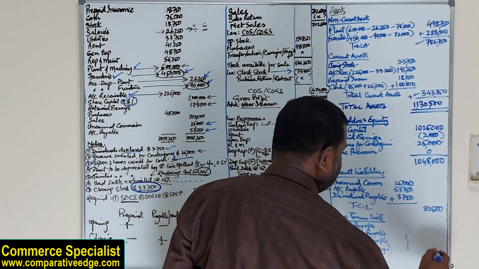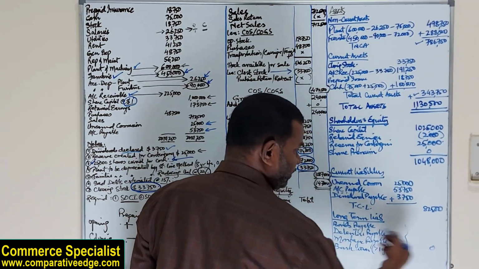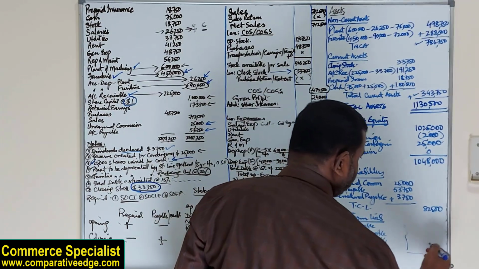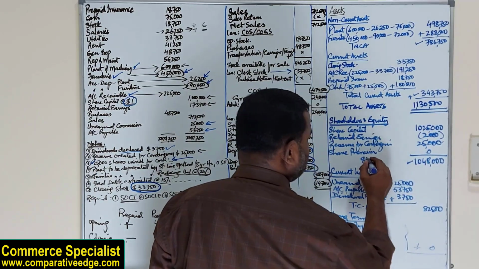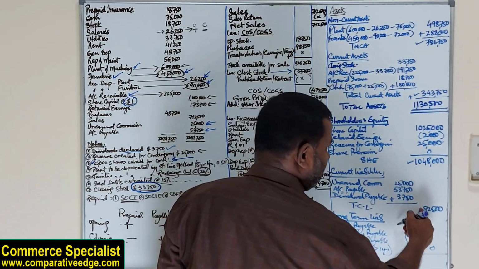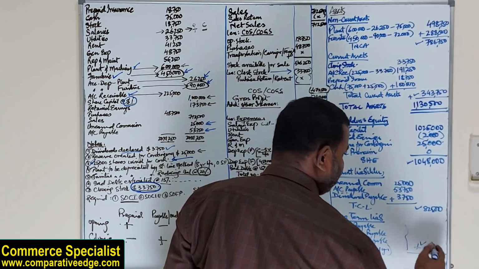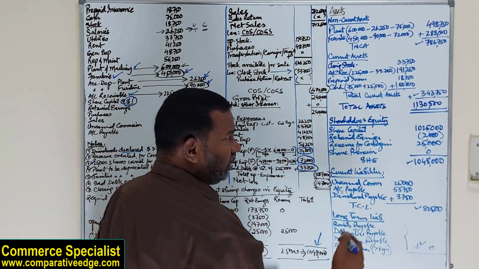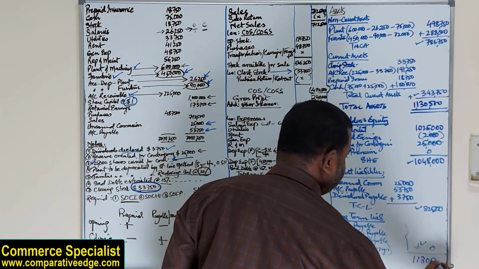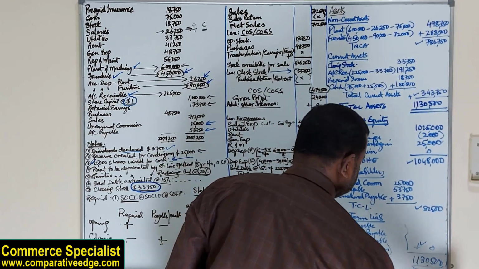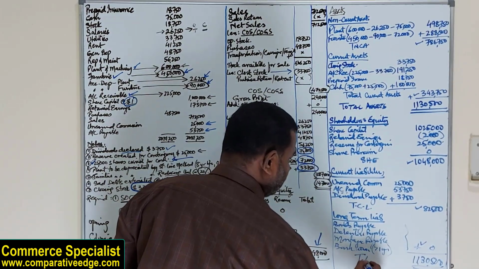You may add all of them and write here, but in this question we have nothing, so I'm just putting 0. Now you add your shareholders' equity, your current liability and your long-term liability, and see how much you get. You will get 1,130,500, and this is your total equity and liabilities.